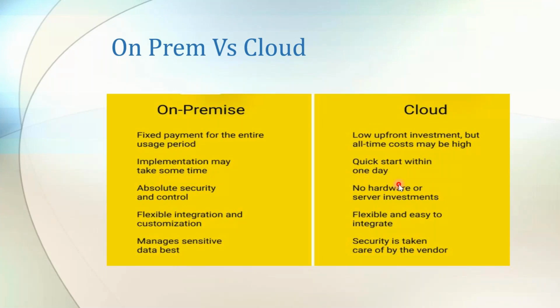Taking a photo, going to a good place, and setting up the background may take time. But if you have a photo with you, you can immediately take the printouts, right? Same thing here. If you have the image of the server, you can bring up similar replicas in dev, production, wherever you want, with some customization. And no hardware or server investment. You don't need to purchase RAM, CPU, motherboard, no. Everything is already available. You're going to pick and use that.